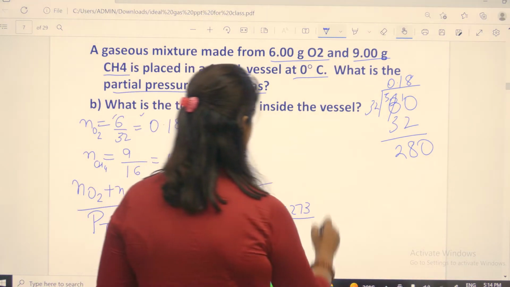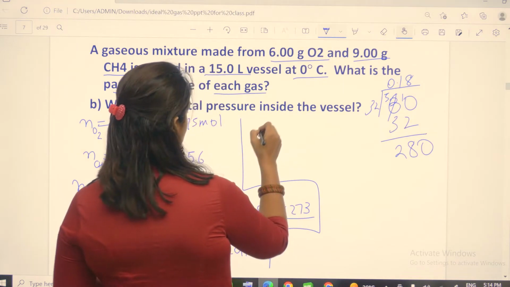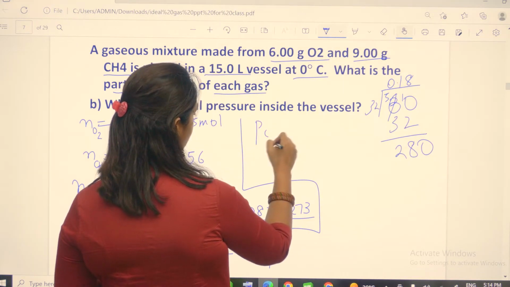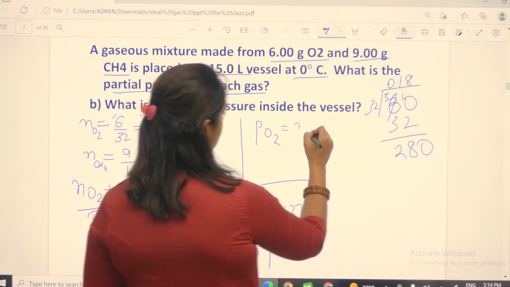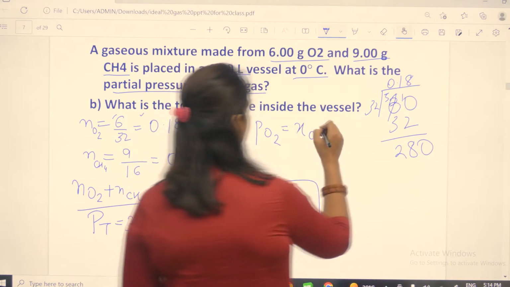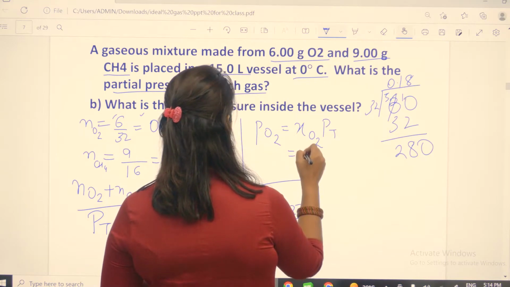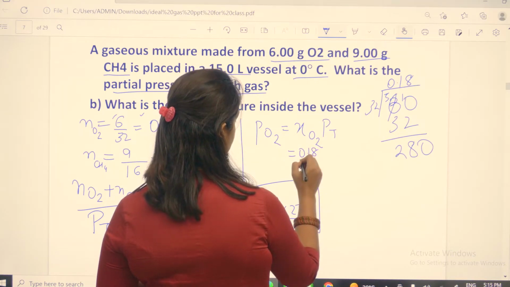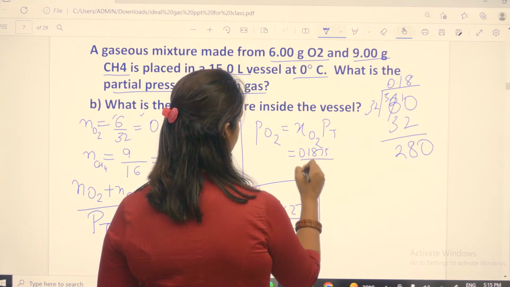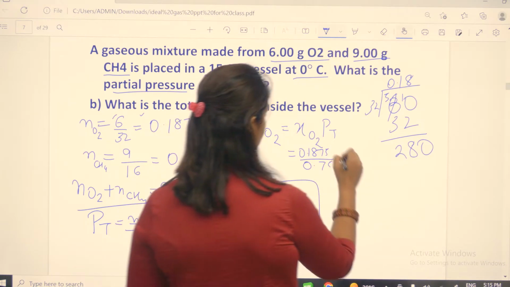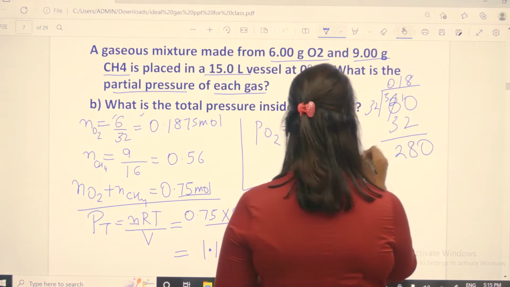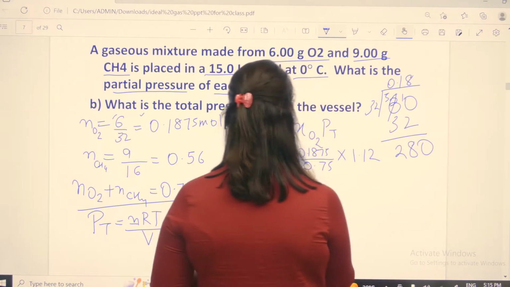Mole fraction. So partial pressure of oxygen is equal to chi of oxygen into total pressure. So 0.1875 divided by 0.75 into 1.12 atm.